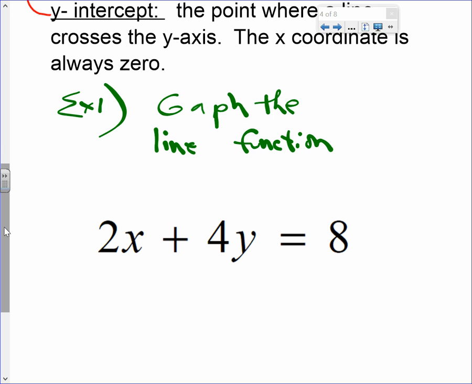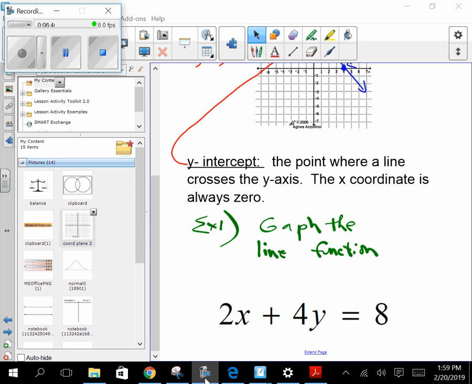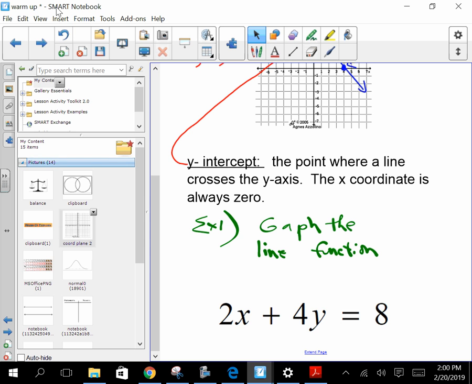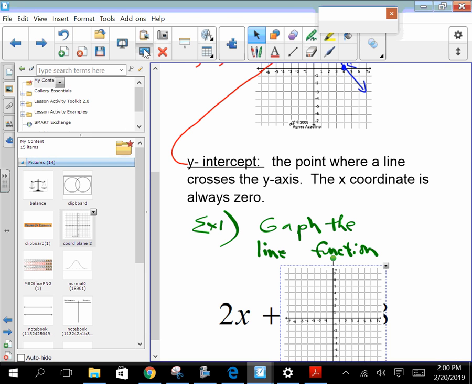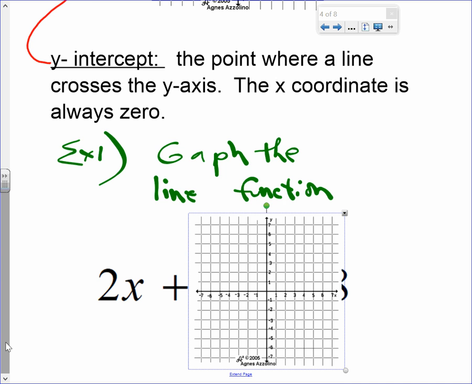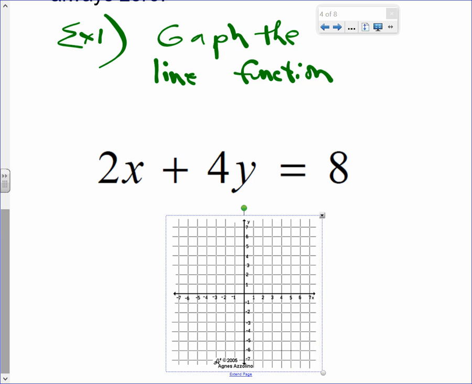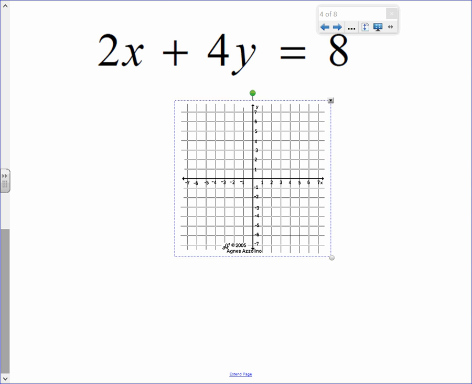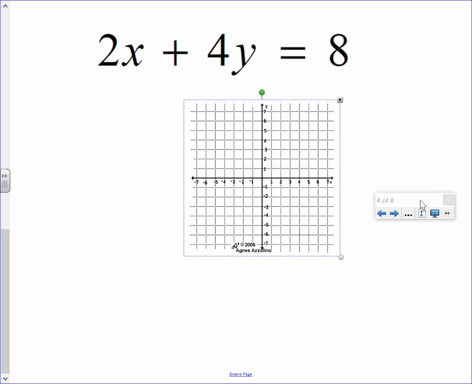Okay, so before we graph it, let's go ahead and create a coordinate plane here. So go ahead and draw another x and y axis, somewhere by the equation on your graph paper.